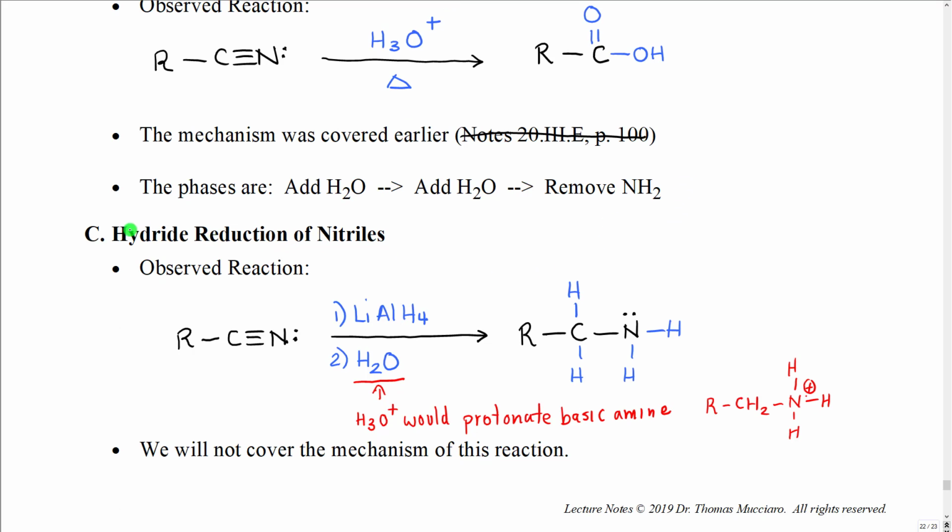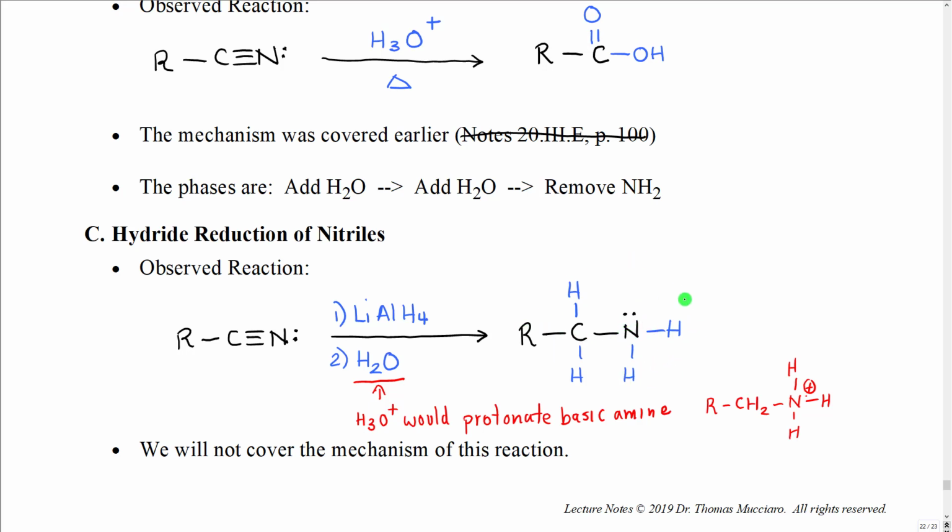We can also do hydride reduction of nitriles. In order to do this, we do have to use lithium aluminum hydride. What we observe is that we get a hydride adding once, adding twice, and then when we put in something to protonate, to hydrolyze, we get two hydrogens on the carbon and two hydrogens attached to the nitrogen.